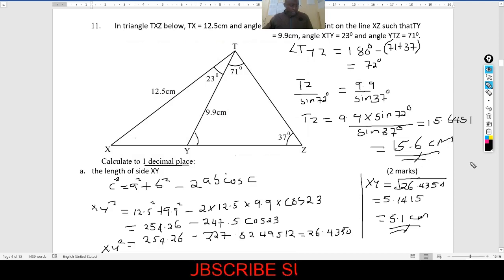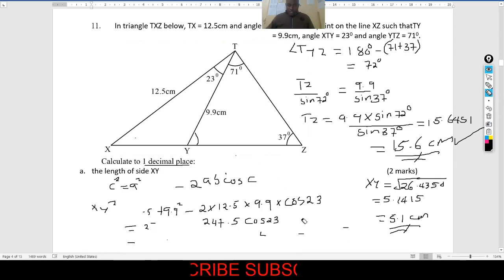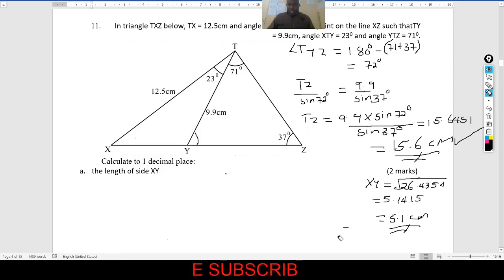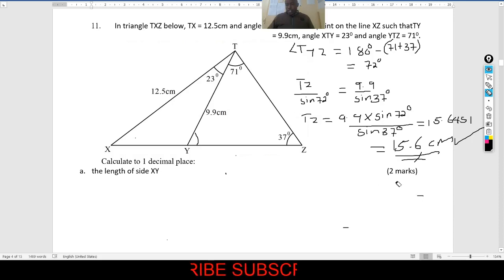So that is how we solve such questions. It's good to prepare this question comprehensively, because you can be asked so many other questions from this same diagram and be given 10 marks.